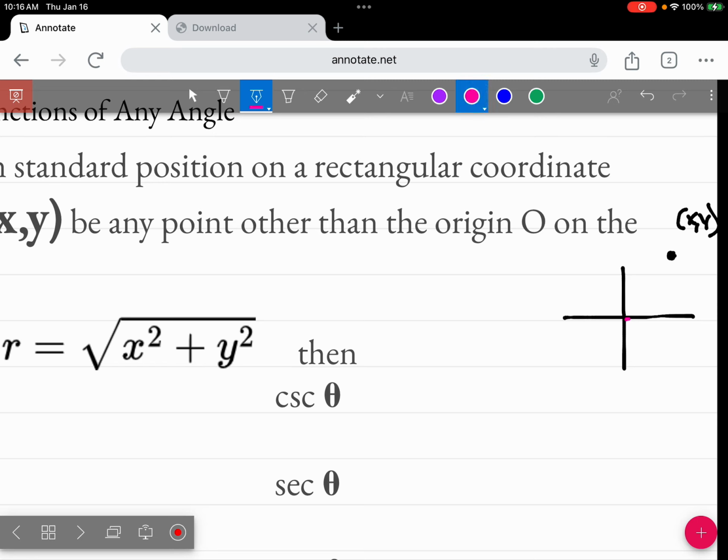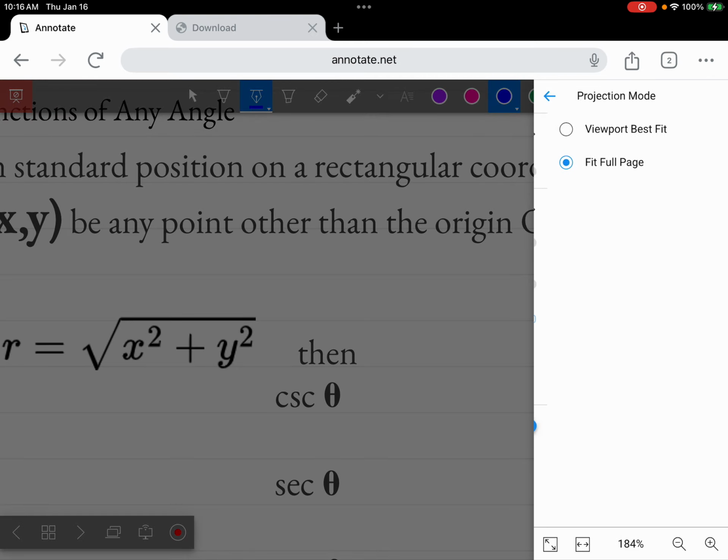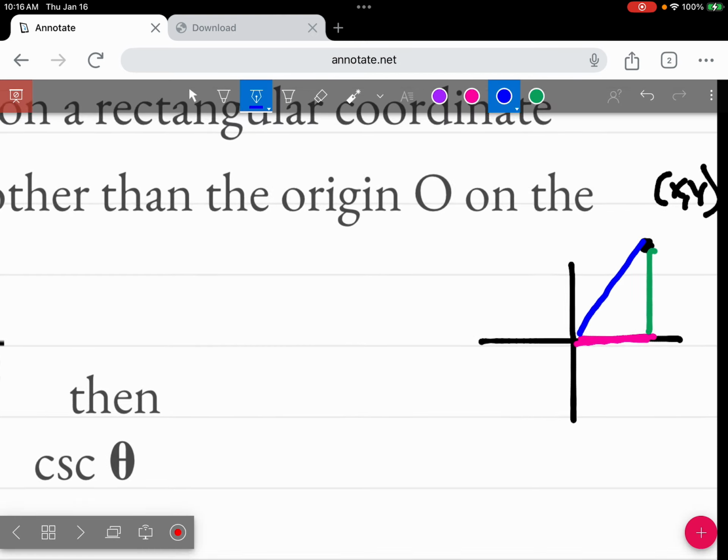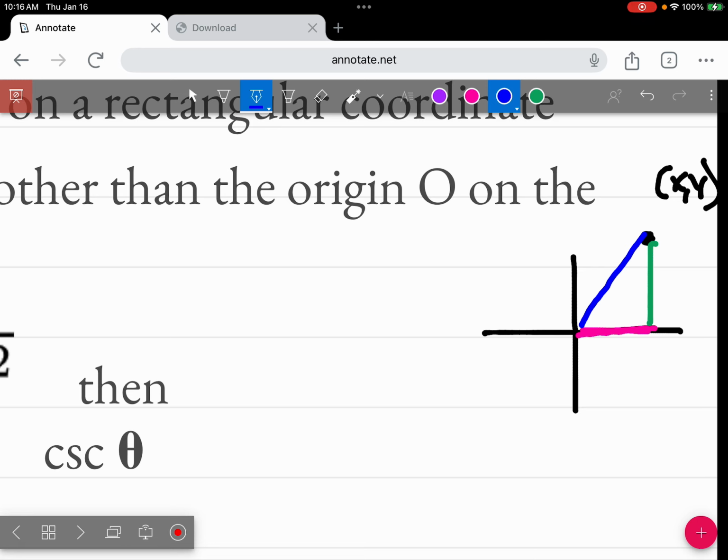We're comparing it with our initial position here, and we want to find the trig functions based off of this triangle. I know it's very small. I'll change the view so you can see it a little better. So we're going to look at this kind of triangle. We've got a point with our x and y. We want to be able to find trig functions of this angle. It's always based off of that initial side.